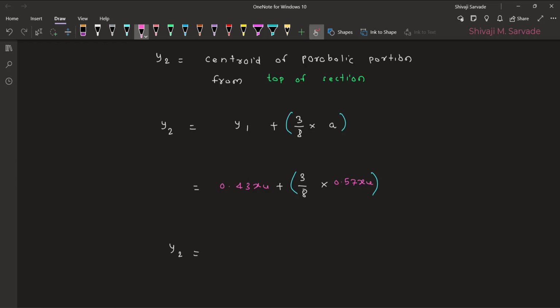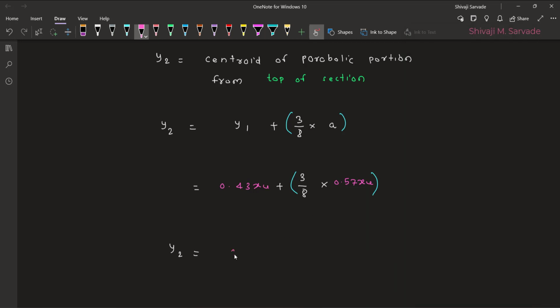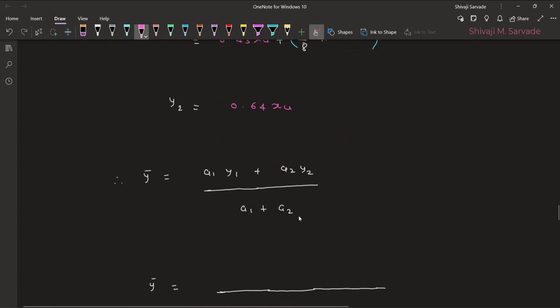So let's get 3 by 8 into 0.57. This is 0.213 plus 0.43. So this comes out to be 0.64 XU. Now we can use the formula A1Y1 plus A2Y2 upon A1 plus A2.